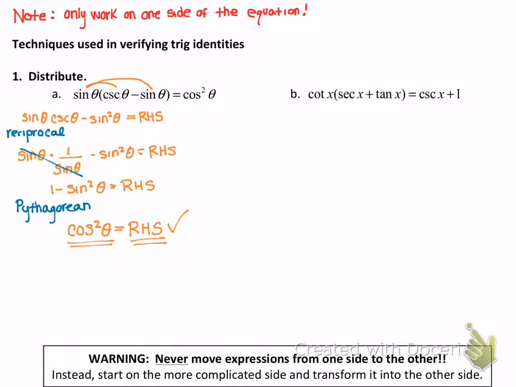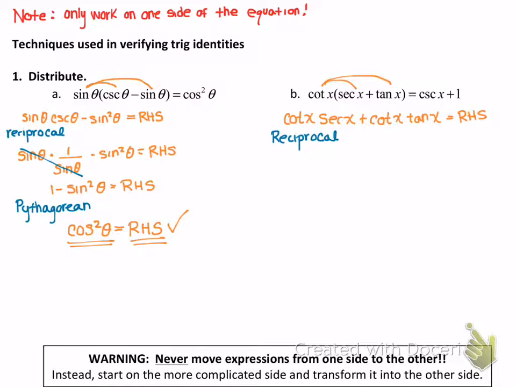So we're going to do that one more time over here for B. Again, the left-hand side looks more complicated, and we're going to distribute, and we're going to have cotangent of x times secant of x plus cotangent of x times tangent of x, again equal to our right-hand side. Once again, we see a reciprocal with cotangent and tangent, and with cotangent and secant.